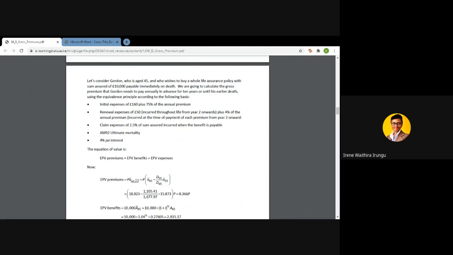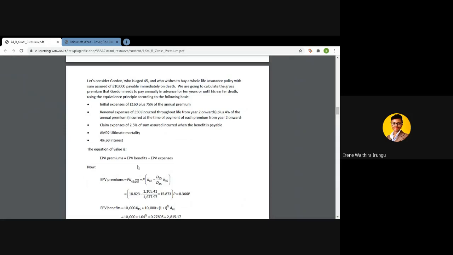Premiums stop after 10 years, whether he's still alive or if death occurs earlier. But if he dies past the age of 55, he is still entitled to the sum assured, but he will not be paying any premiums past the age of 55 or past the 10 years.